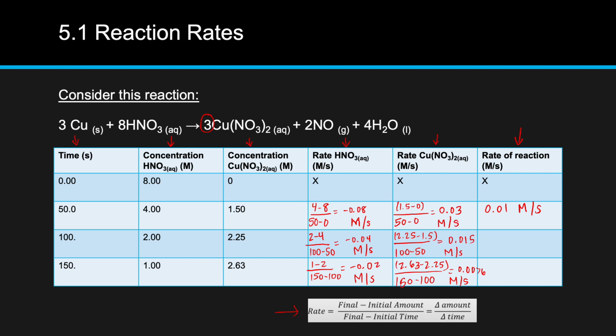The next one is 0.015 divided by 3, which gives you 0.005, sorry, molarity per second. And then our final one, 0.0076 divided by 3 is going to give us 0.0025 molarity per second. So that's just a brief example on how to calculate the rate of reagents in your reaction.